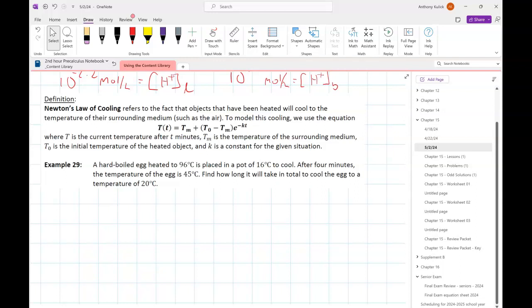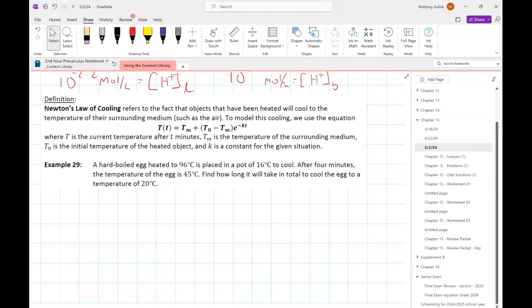The E is that irrational number, like 2.71, yada, yada, yada, that we talked about earlier. The K is a constant that's going to be specific to the substance. So the K for a steel sword is going to be different than the K for a cake in the oven. And then T is time.